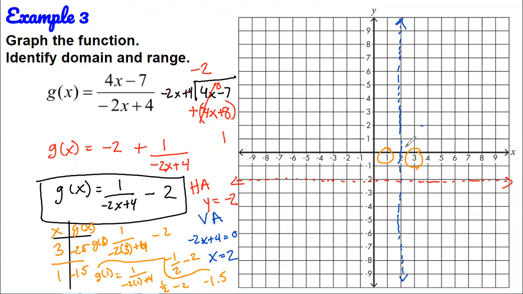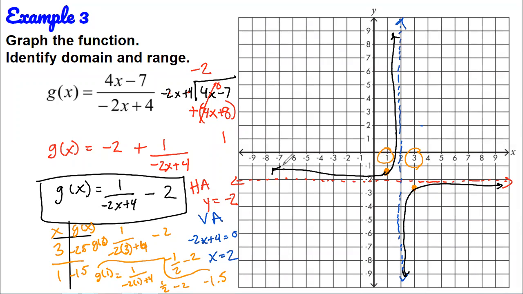At 3, it's negative 2.5, so right here. At 1, it's negative 1.5, so right here. Now we see that they're on two sides of the asymptote. So we draw our function as close as possible to our asymptotes as we can.